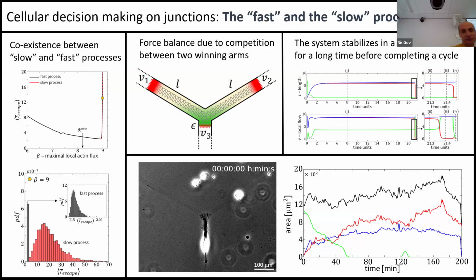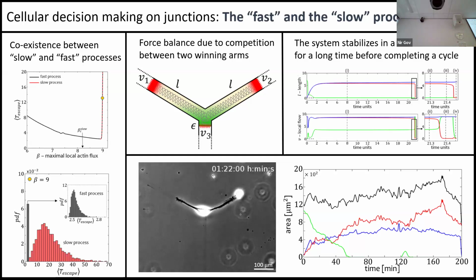And you can actually find experiments that look similar, especially with cells that are very active, like the glioma cells. You see that now it will reach this condition. You see the length of the back collapse to zero, and the two lengths of the two arms are almost identical, just like we have in the model, until they collapse.